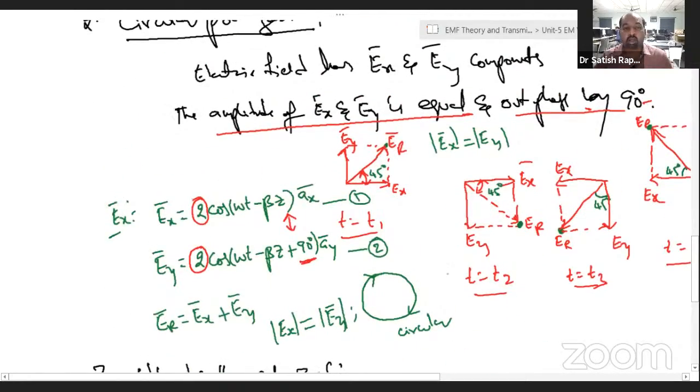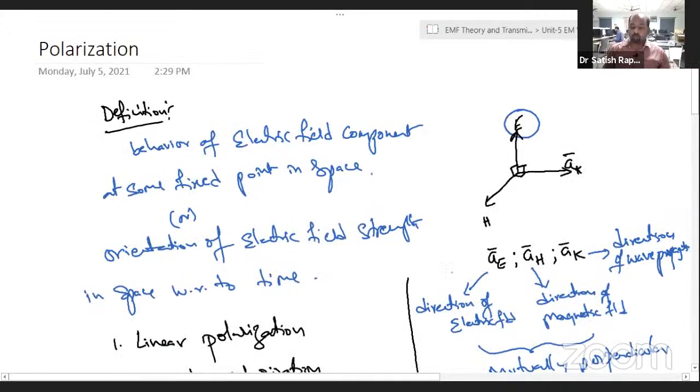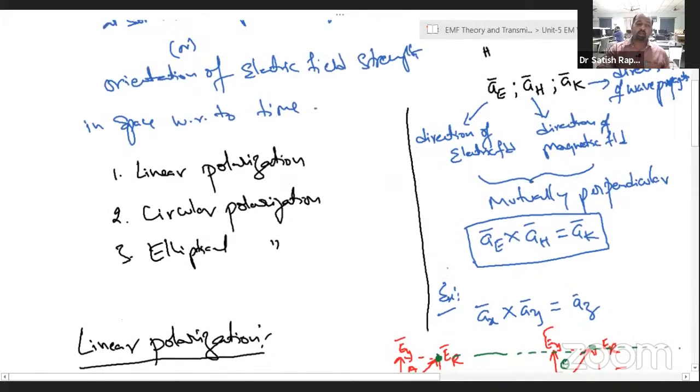So this is about polarization. Polarization is the orientation of the electric field in space with respect to time. In other words, how the electric field is moving in space, how it is changing with respect to time. Depending on how the electric field is moving, polarization is classified into 3 types: linear, circular, and elliptical.